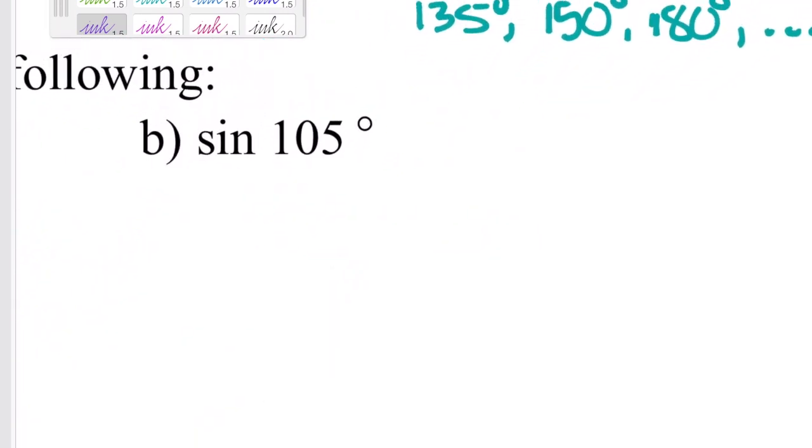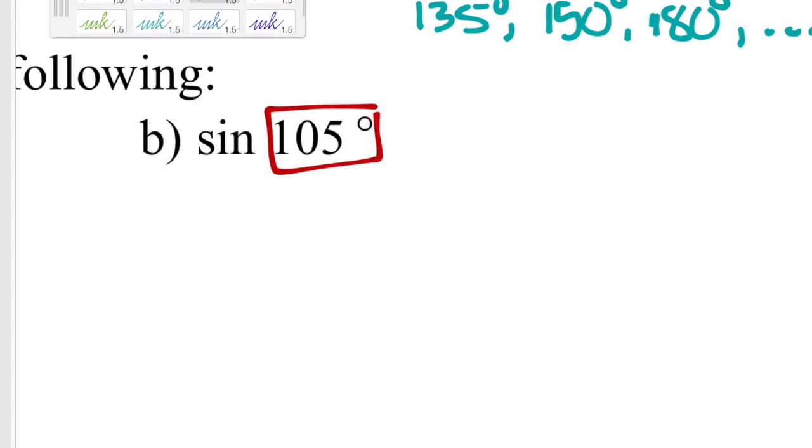Next one, we're looking at the sine of 105. Again, 105 is not one of my pretty angles in the unit circle, so I want to split that up. I'm going to try to think of something smaller so I can just use the hand trick very easily. And so I'm going to use 45 and 60 degrees.